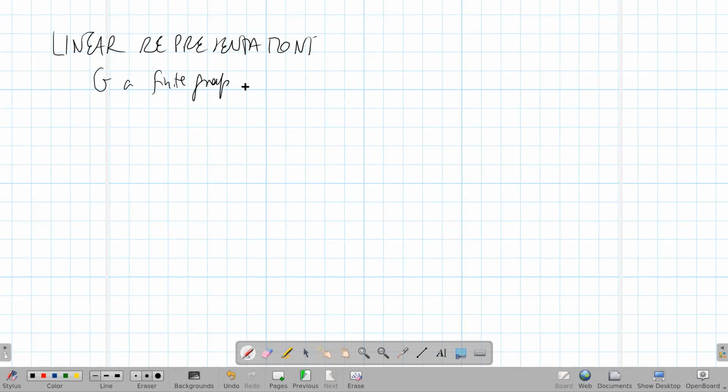So G, a finite group, V, a finite dimensional vector space over the complex numbers. Let's say of dimension n. Okay, note that we will see quite quickly that C is absolutely essential here.